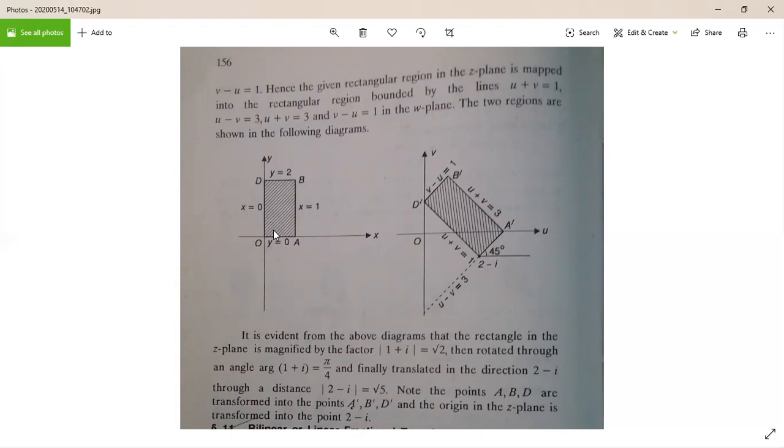Note that the points A, B, C, D transform into the points A dash, B dash, C dash, D dash. And the origin in the z plane is transformed into the point 2 minus i.